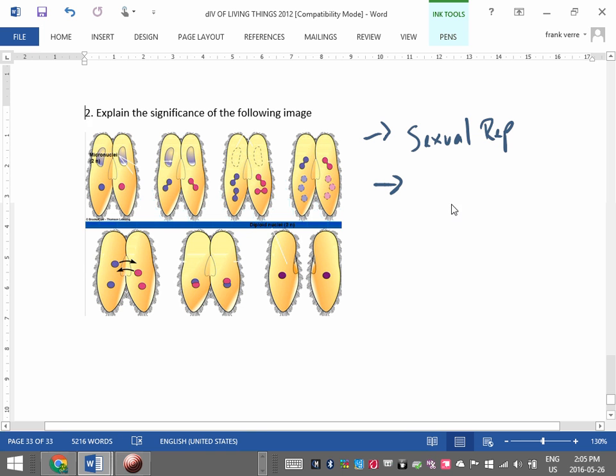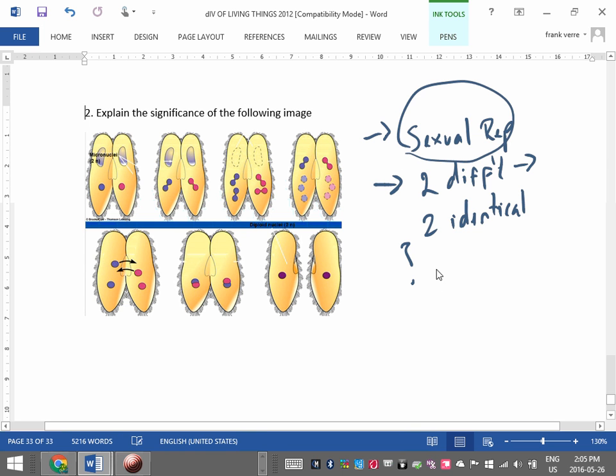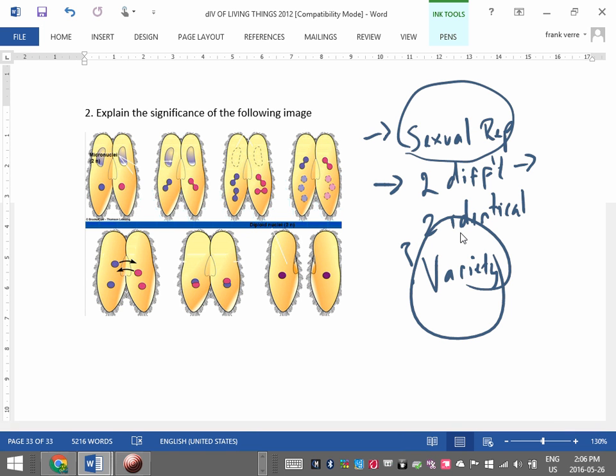What happens in here? Two different paramecium become two identical, right? So the question is, what's the point of doing that? Variety. Yeah, because it's still sexual reproduction, it generates variety. It's just a different way of doing it, but it's still an example of mixing up the genomes to give you variety.